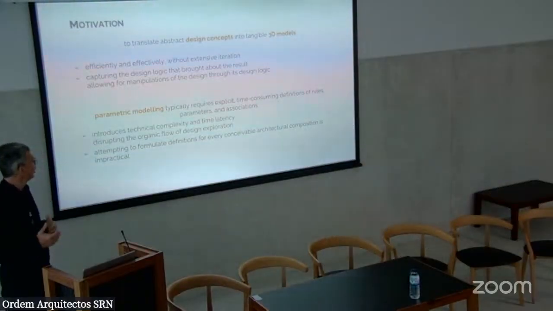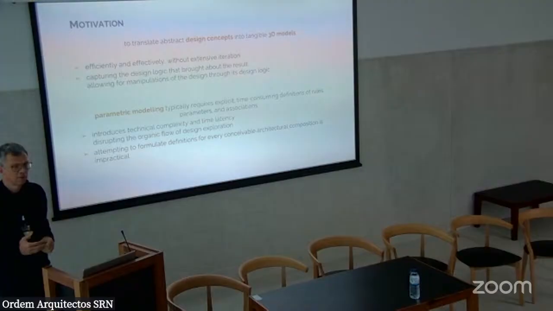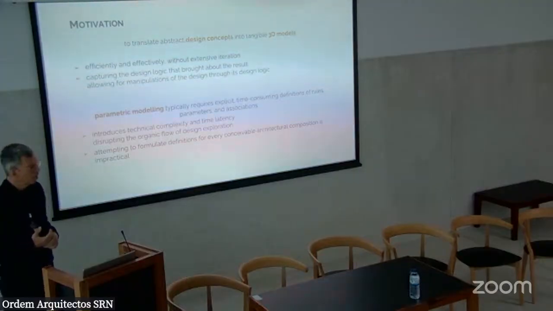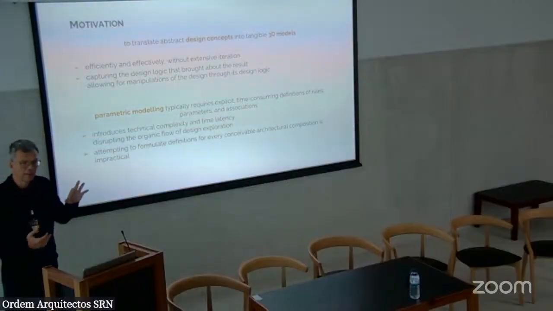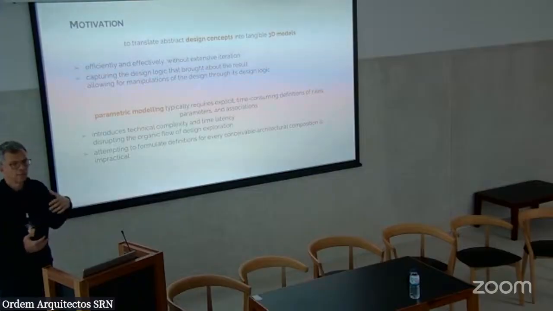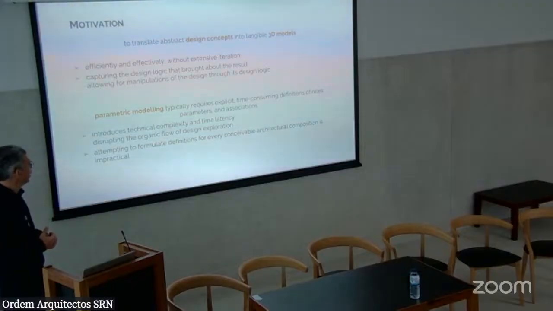And therefore, there's this technical complexity, a time latency, and this kind of disrupts the design process and design exploration. So we're not saying that parametric modeling is not useful, but the process of creating a parametric model takes too much time and is too complex.